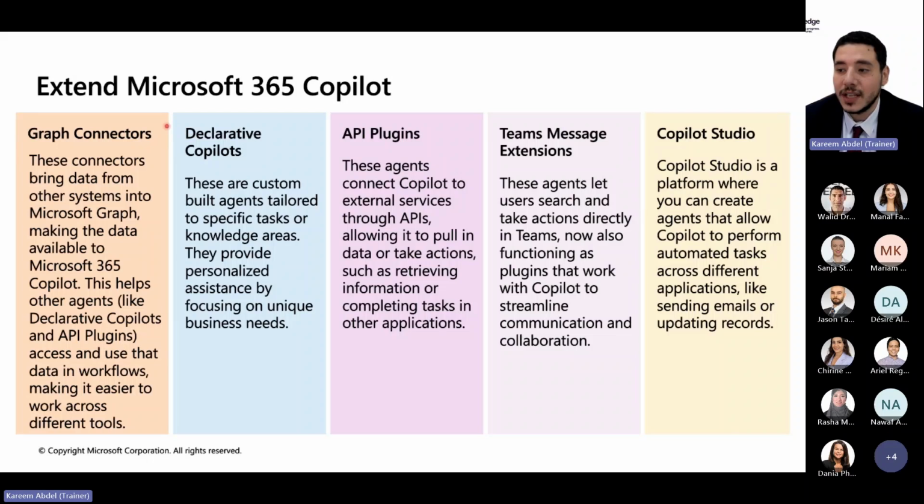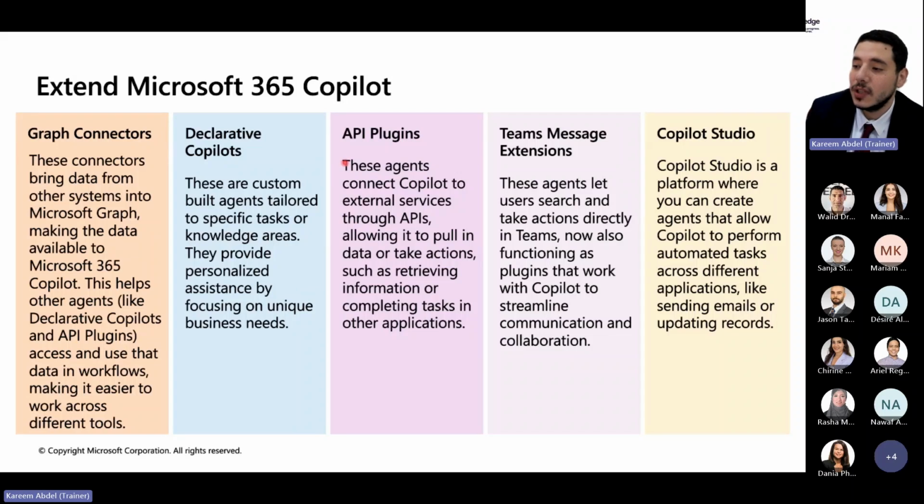In that case, I can create a declarative copilot, which is my own copilot that I have customized and trained on my own data. And the way I do that is through Copilot Studio, where I can train and customize my own copilot. And now I've got a very specialized agent that is very knowledgeable in a specific area.